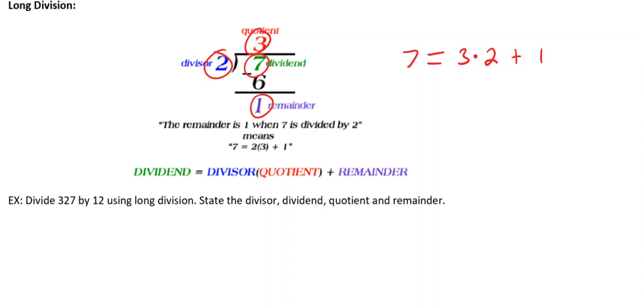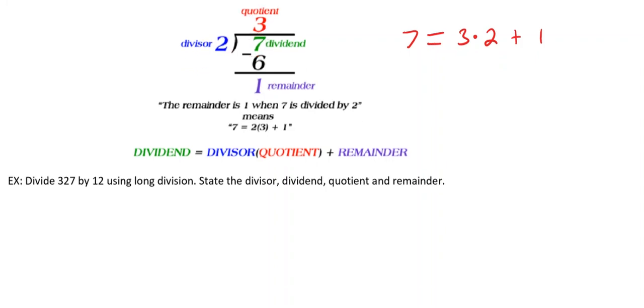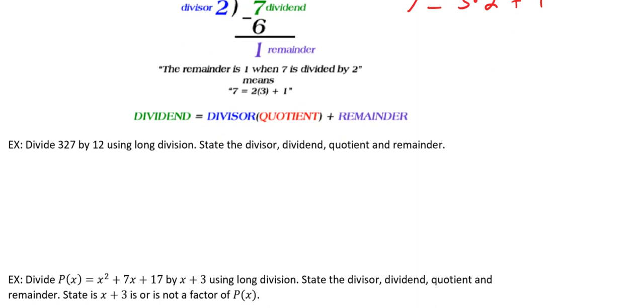Okay, so we have to get those terms figured out in our mind here. Now, another way of writing this would be, the dividend, 7, is equal to the divisor 2 times the quotient 3, plus the remainder 1. So we could write it out that way as well.